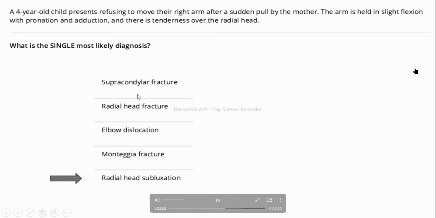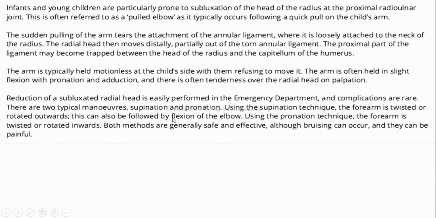Did they set any feature for supracondylar fracture? No. Fracture? Dislocation? Why not elbow dislocation? There is no significant trauma. Yes. And the Monteggia fracture. So any fracture is not accepted. Okay.